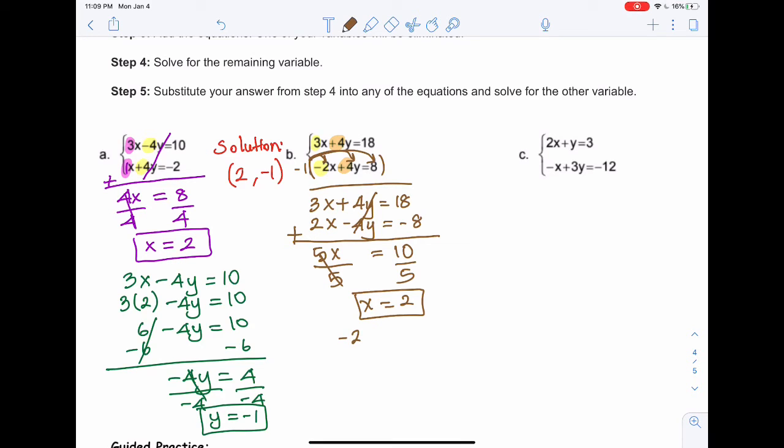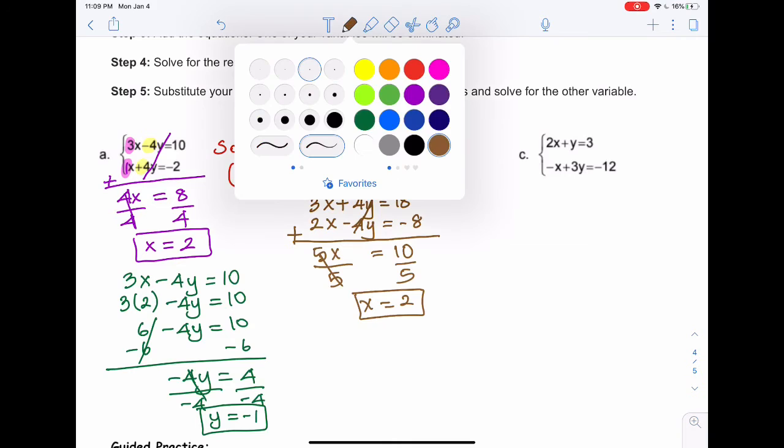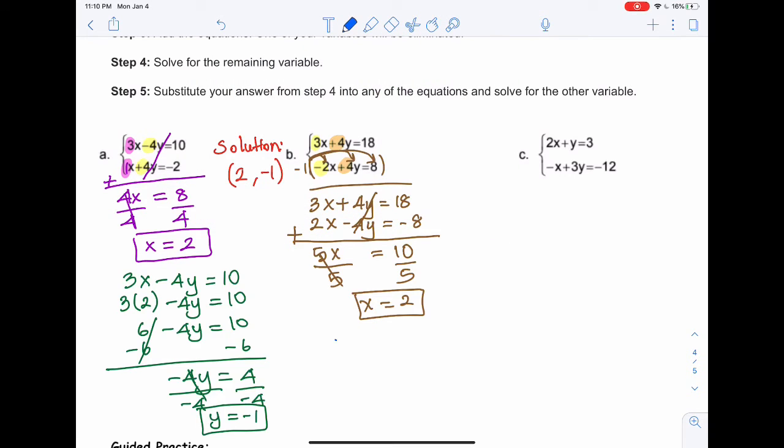Negative 2x plus 4y is equal to 8. So negative 2 times 2 plus 4y is equal to 8. And let's just solve this equation.